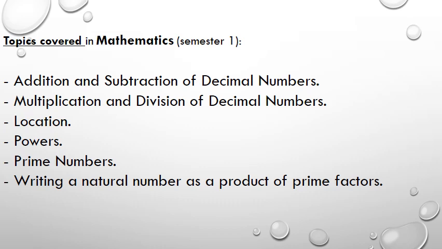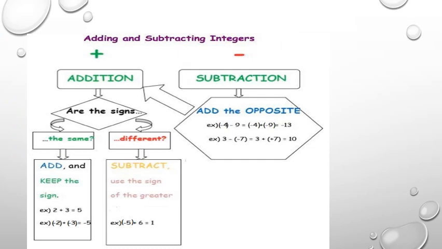Now we are going to start each lesson, the important rules of each one. In our first lesson, which is addition and subtraction of integers or decimal numbers, the first case is we are adding two signed numbers. We ask, what are the signs of the first number and the second number?